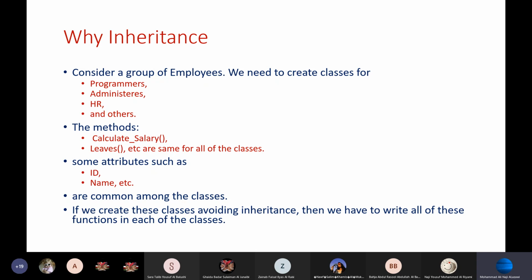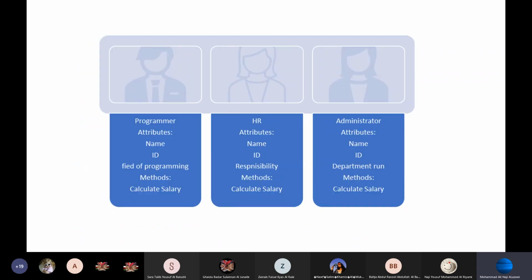Every employee should have a class, if we are talking about regular classes without inheritance. But with inheritance, as you can see here, I should define a class for the programmer, a class for HR, and a class for the administrator. But with inheritance, I'll take all the common attributes like name, ID, and calculate salary.